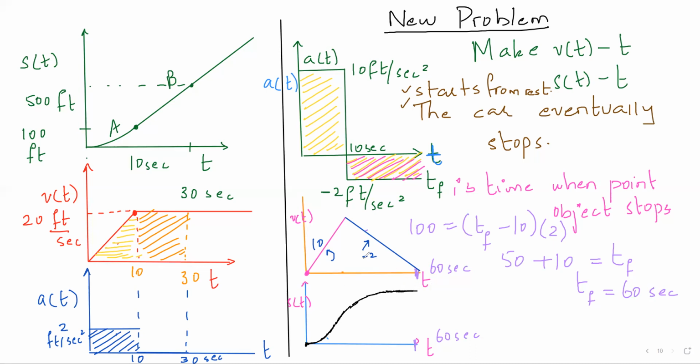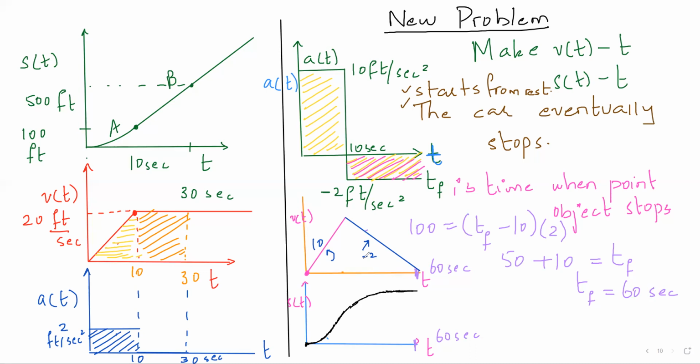So here, for the calculations, we did 100 equals TF minus 10 times 2. It starts from rest and until the 10 seconds it will gain velocity, and in order to come to rest again the same change in velocity will be needed.